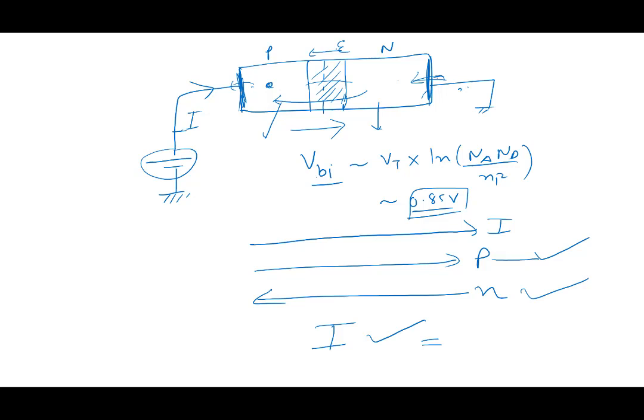Reducing the field means reducing the depletion width, or reducing the amount of charge there. So are you seeing now that there is a charge which we call depletion charge, and depletion charge is going to change with voltage? Now any charge which changes with voltage, what does it give rise to?